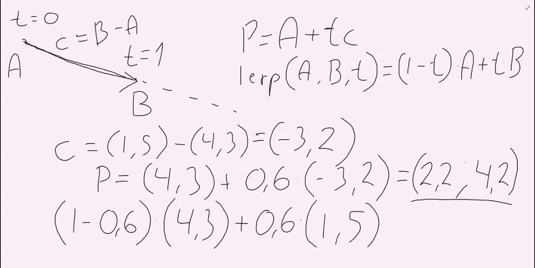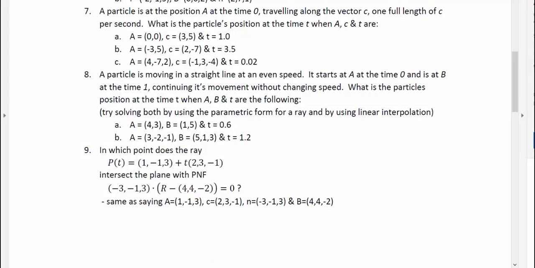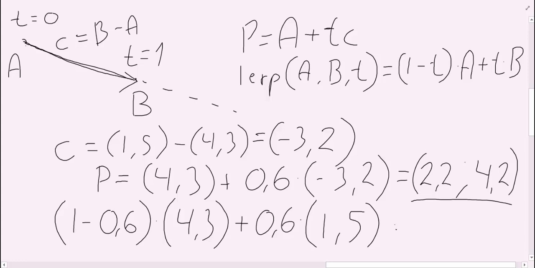So now we're not using the vector c, we're just using the points straight up, 4, 3 and 1, 5. And this gives, so 1 minus 0.6 is 0.4, 0.4 times 4 is 1.6, 1.6 plus 0.6 times 1, so that's 1.6 plus 0.6, which is 2.2.